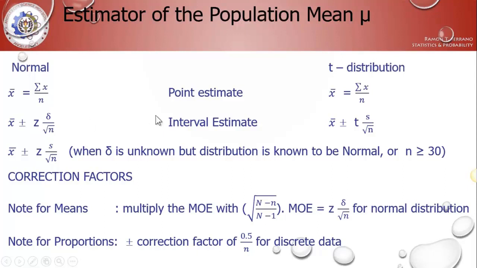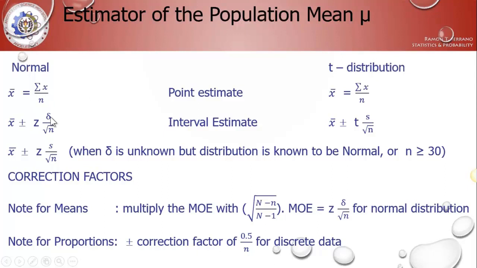And the interval estimate will be x bar plus or minus z multiplied by sigma over square root of n. Similarly, you have x bar plus or minus t multiplied by standard deviation of the sample over square root of n. Very similar except for the z value here on the normal and t values for the t distribution.